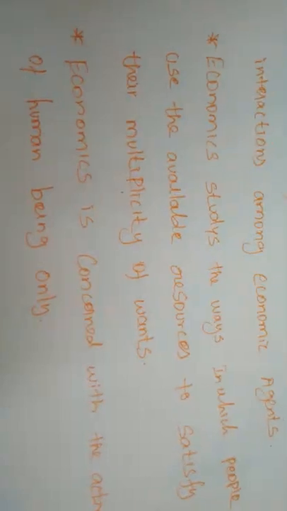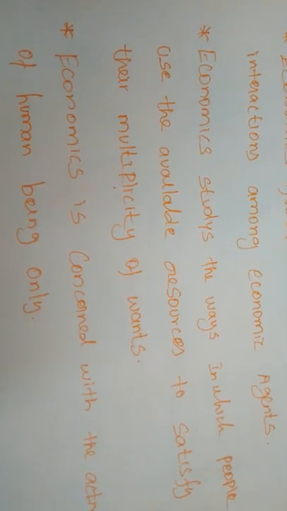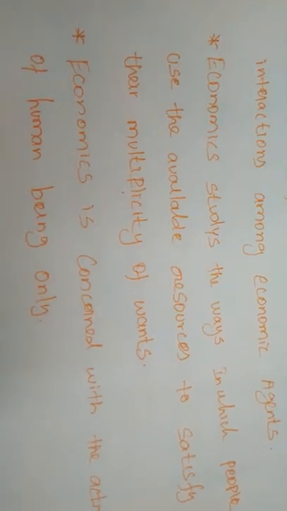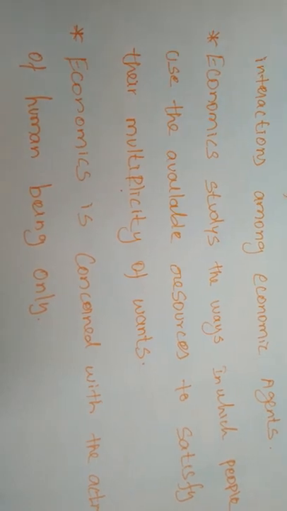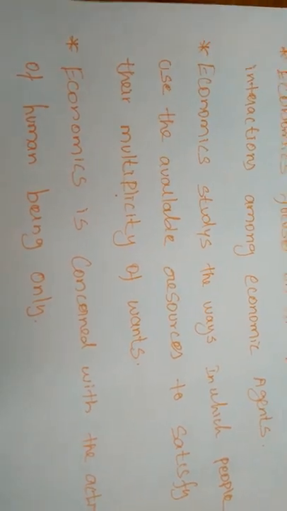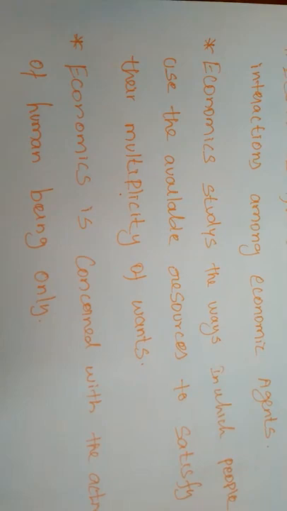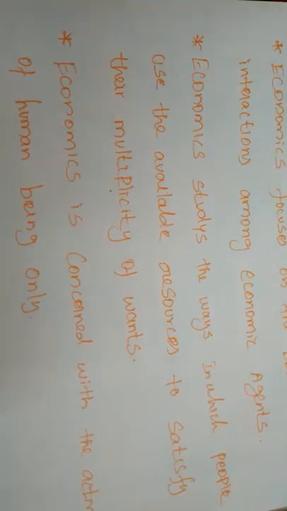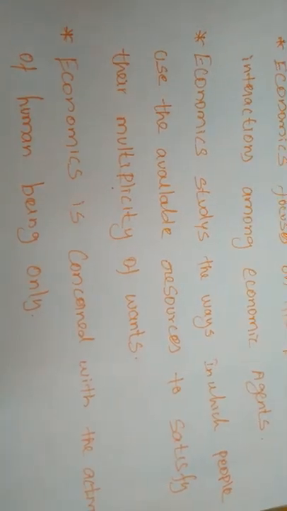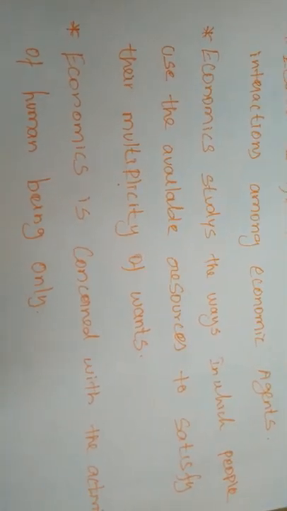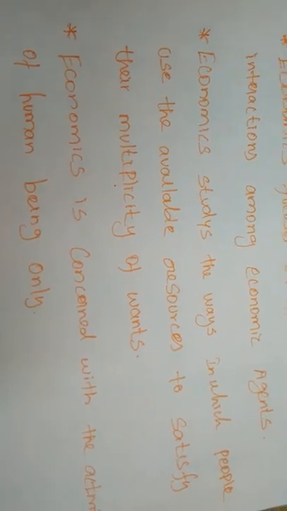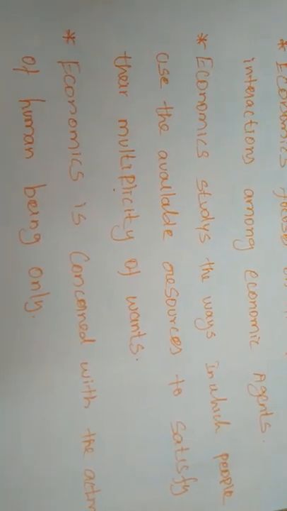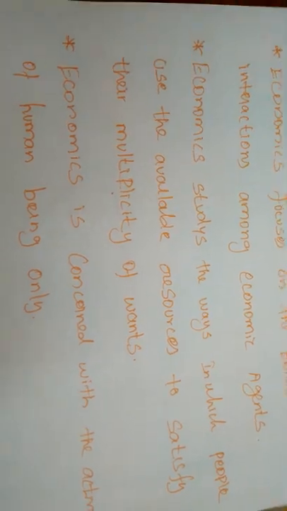Suppose there is scarcity of available resources on one side and unlimited wants on the other. Of these two factors, we must eliminate one. Either people must reduce their wants, or the government or the people should increase the supply of commodities.